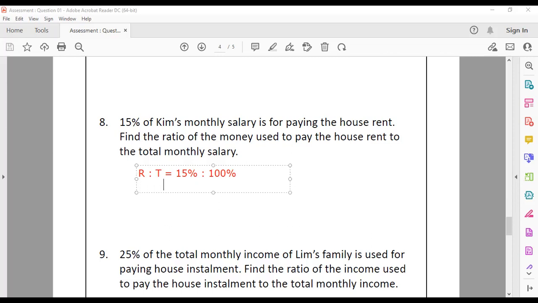We don't want the units there. And we have 15 to 100. Simplify it further, divide by 5, and you will get 3 to 20. Done. Do you understand now? Ratio? Yes, teacher. Last question.